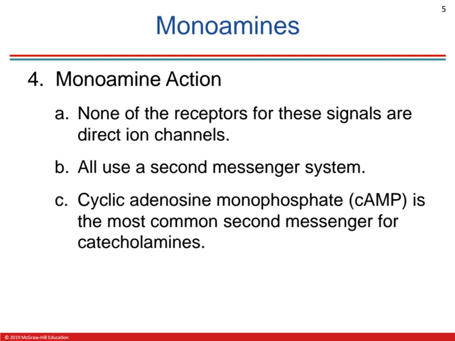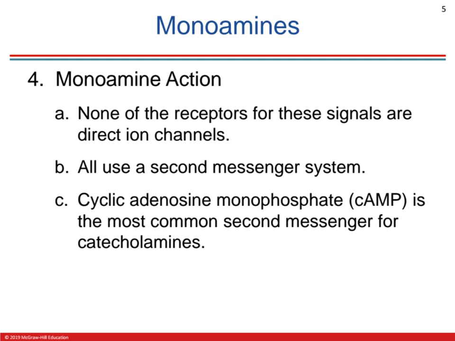It would open up and it was equally permeable to both sodium and potassium. Because of a difference in driving force, there was a net influx of sodium that was greater than the net efflux of potassium. Therefore, nicotinic acetylcholine receptors are excitatory. They depolarize the postsynaptic membrane.